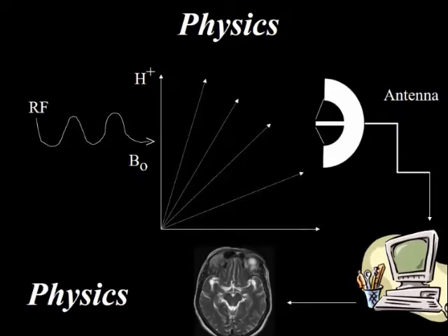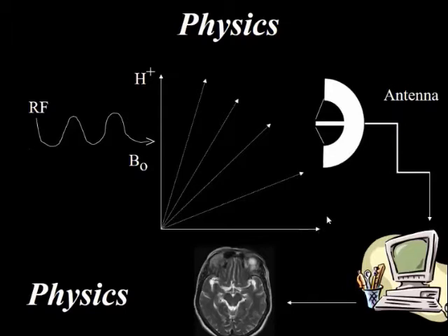Now in physics, we have learned that energy cannot be destroyed. Energy can be dispersed. Similarly, the hydrogen protons which acquire this radio frequency energy tip to the horizontal plane, but they cannot remain in the horizontal plane.